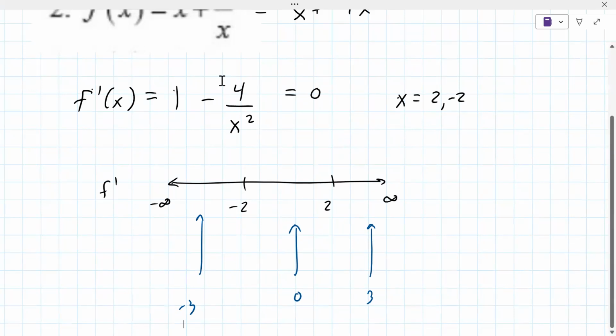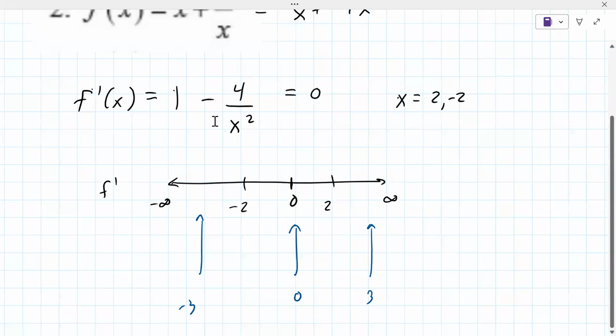Now, one of the things that we did not do here is restrict the domain. There's not a critical point, but it's a place where it's undefined.